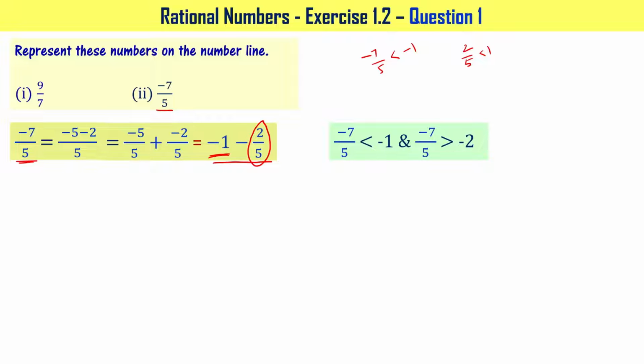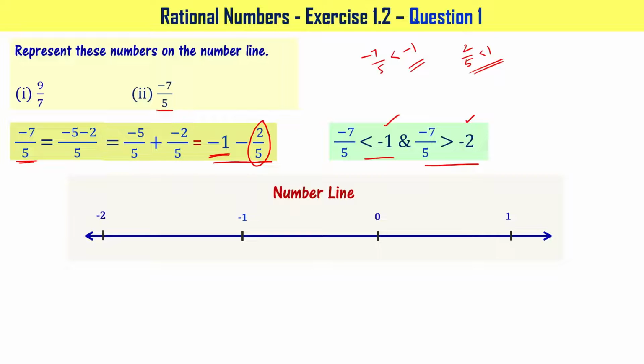Let's write that. Minus 7 by 5 is smaller than minus 1. We have shown here. And since 2 by 5 is smaller than 1, minus 7 by 5 is going to be greater than minus 2. It means the number line we are looking for now should include minus 1 and minus 2.